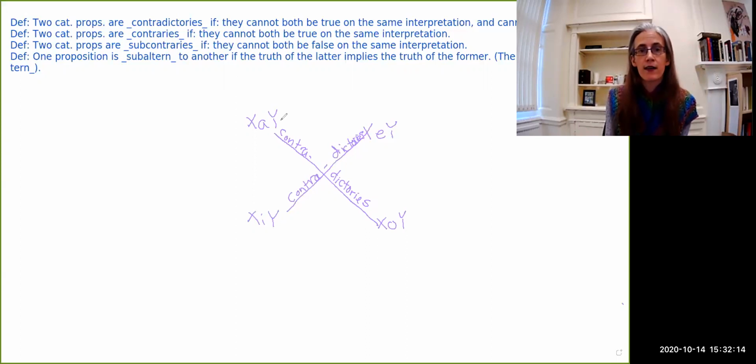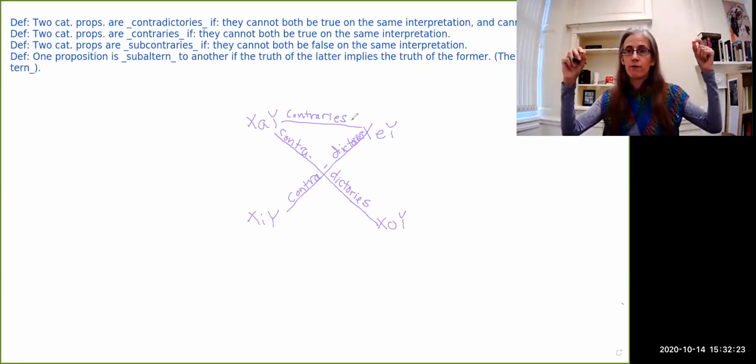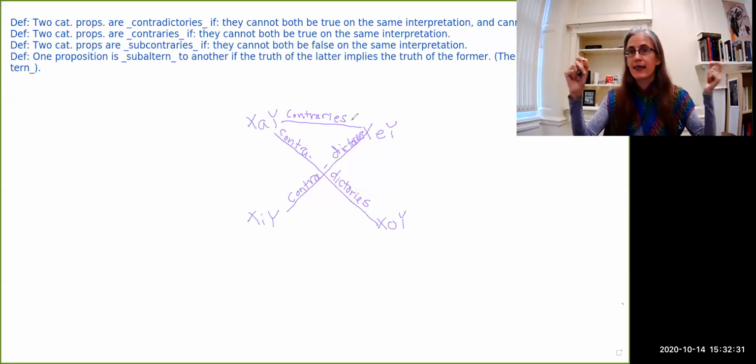What's fascinating is that we have the relationship of contrary between the universal affirmative and the universal negative. So, for instance, all cats are mammals and no cats are mammals cannot both be true at the same time. Let's actually pick a better example.